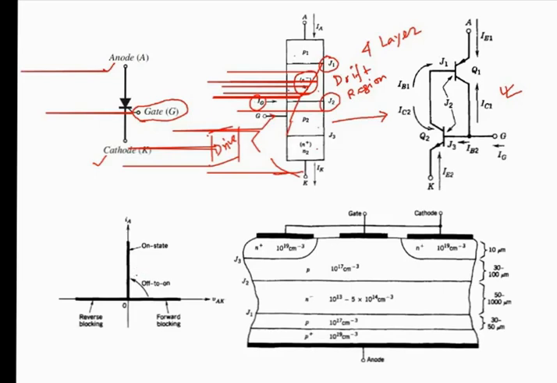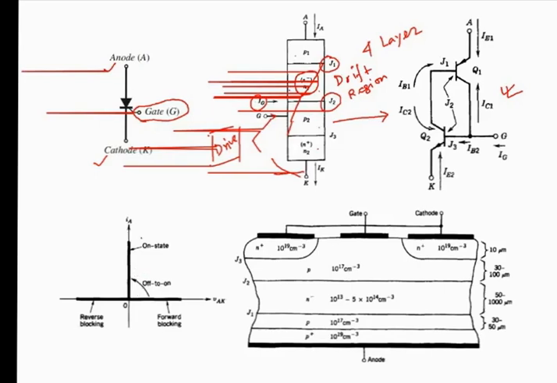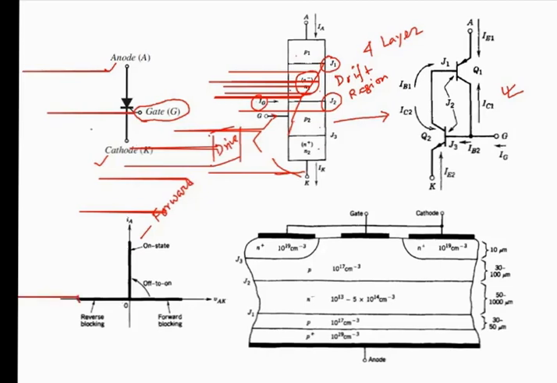A thyristor cannot conduct current in the reverse direction. It can conduct current only in the forward direction, and it can block voltage in the reverse direction. Which means when the device is off, you can apply voltage in this direction, which is the reverse direction for it, and it can block that voltage.